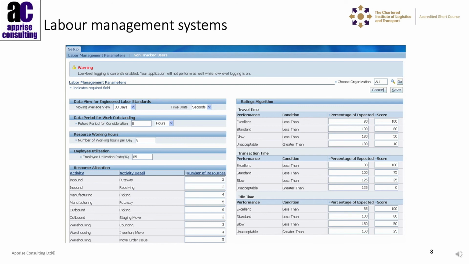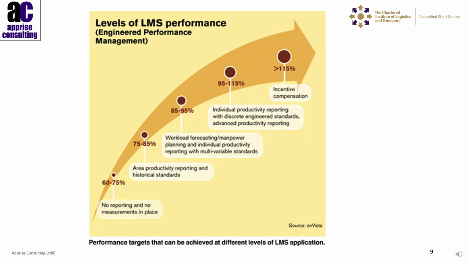We can get a lot more sophisticated by actually utilizing labor management systems. These can be standalone systems that you can purchase, or they can be part of a warehouse management system or an ERP system. By introducing a labor management system, we can improve our operational effectiveness. As we can see from the chart here, if we don't have any measurements at all or reporting, we can be down to 60 to 75% of operational performance.